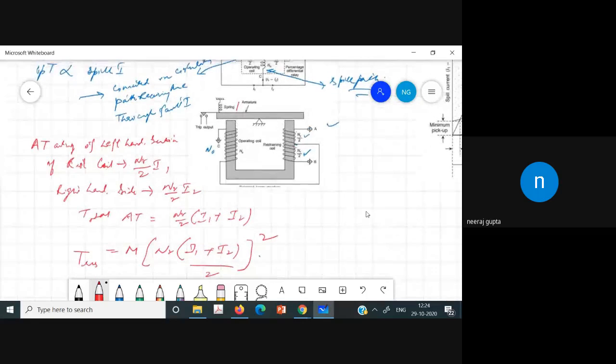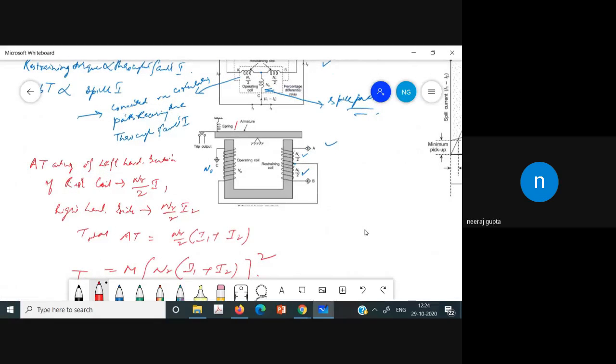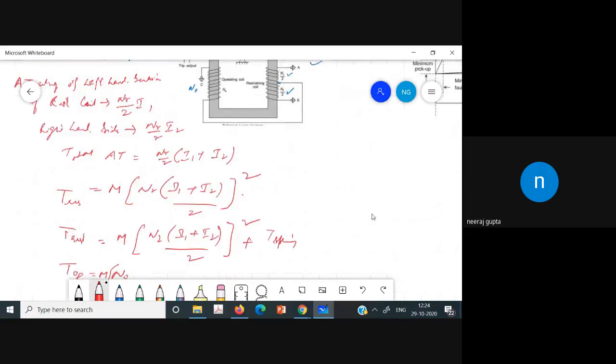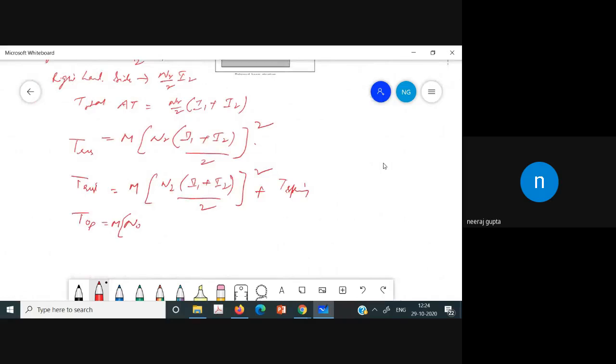In this case, the operating torque is N naught into (I1 minus I2) whole square. So this is the restraining torque, this is the operating torque, and the relay trips if this operating torque is greater than the restraining torque, and the relay is on the verge of operation when both are equal.